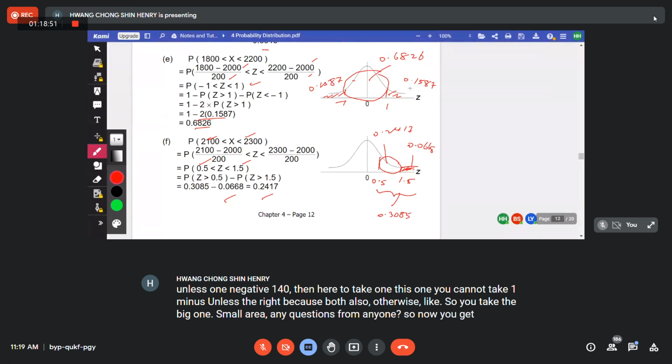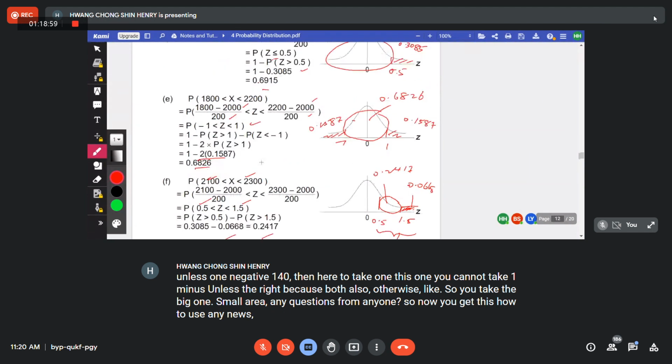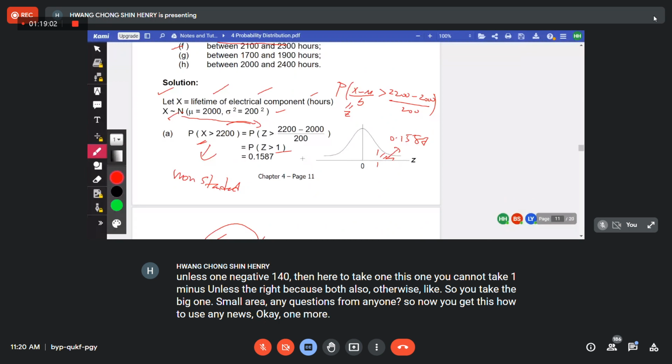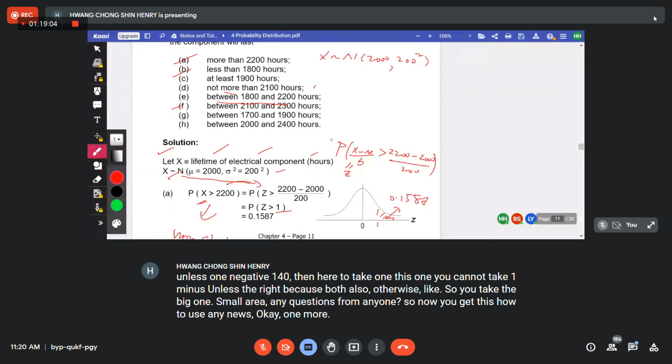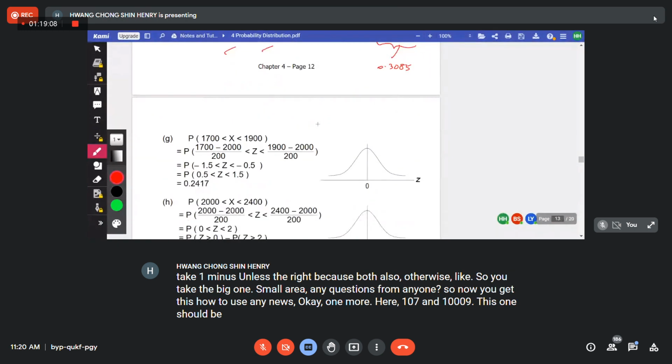So now you practice how to see the curve. Then you use the normal probability, and then you see which one minus which one. Okay, one more. G and H, 1007 and 1009. This one should be both negative.